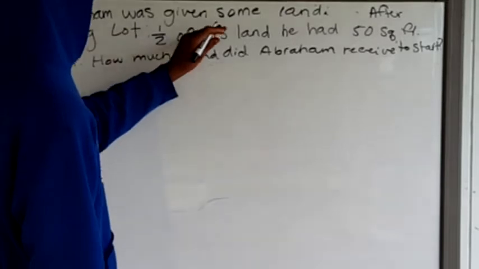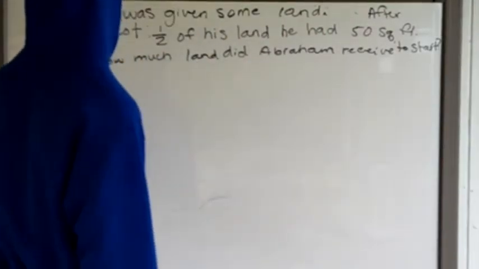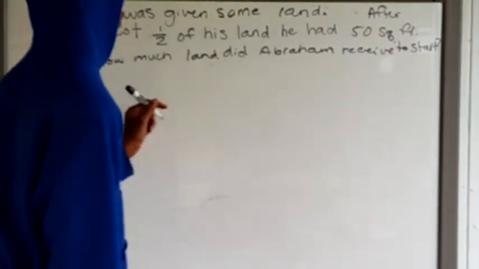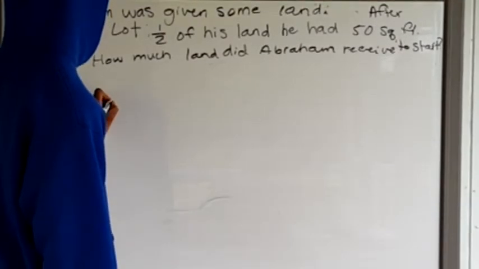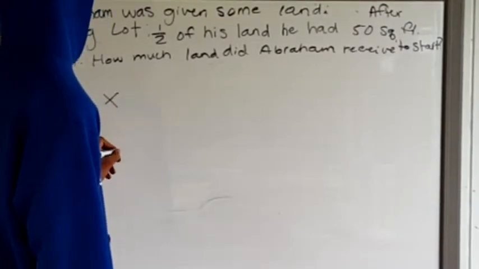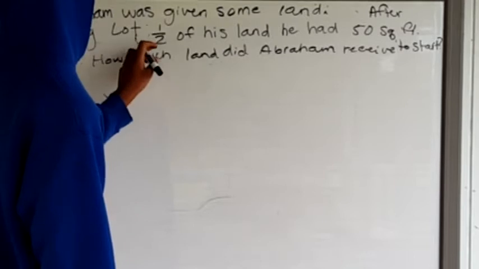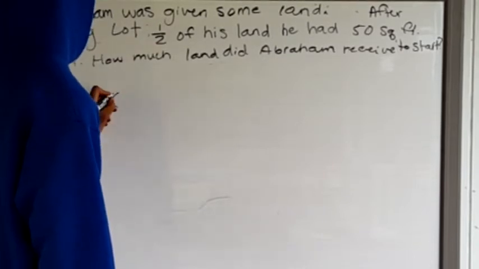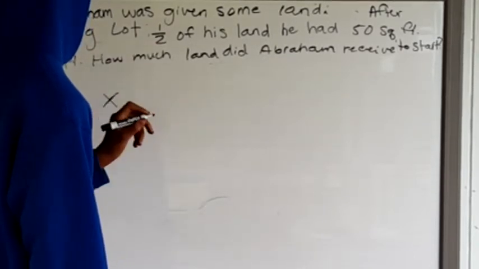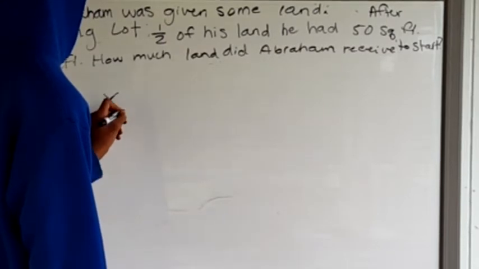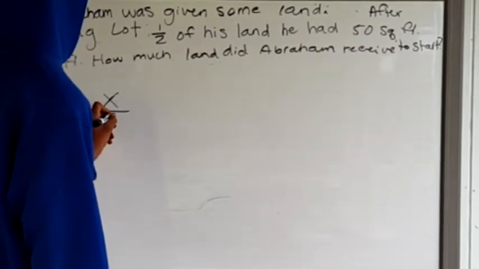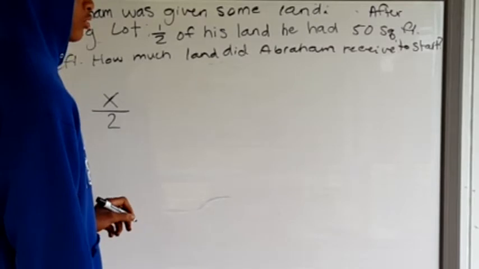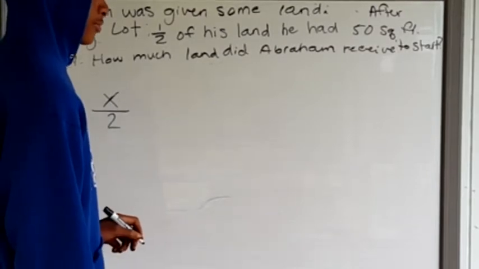You're trying to figure out how much land he started out with. So, x, because we don't know how much land it was. After giving Lot 1/2 of it, half was given away. So it will be x. This is what you're trying to do, a 2-step equation. That didn't work.